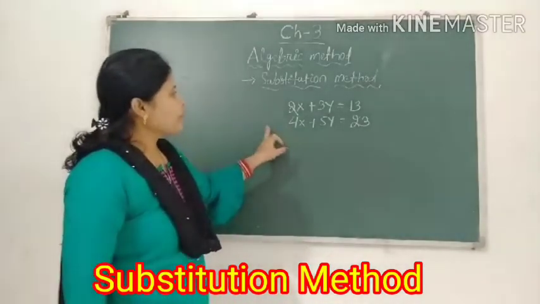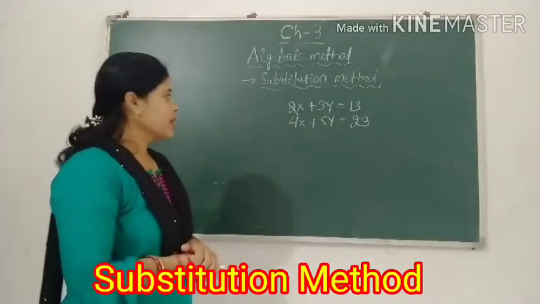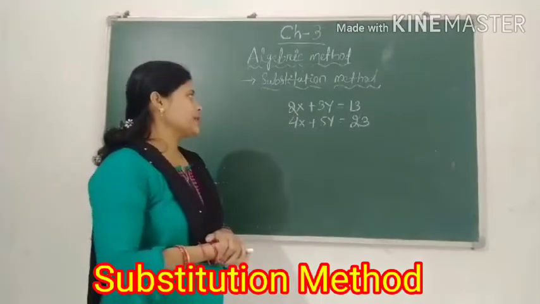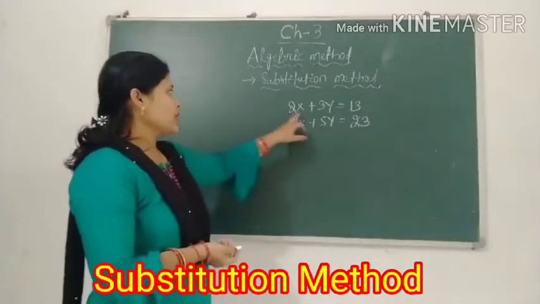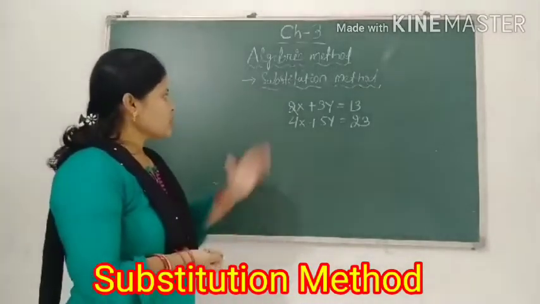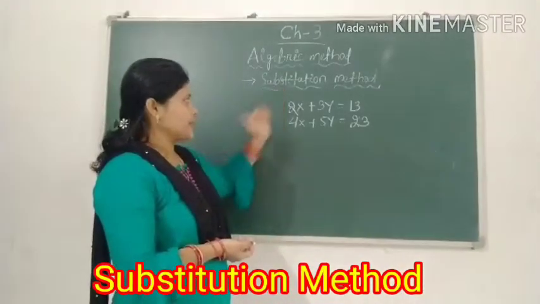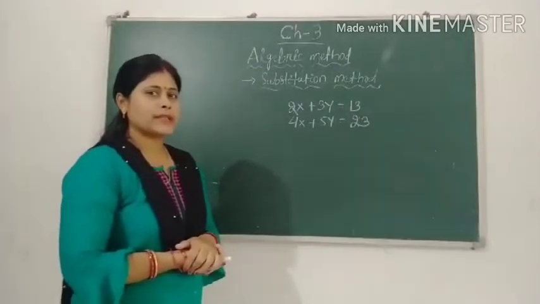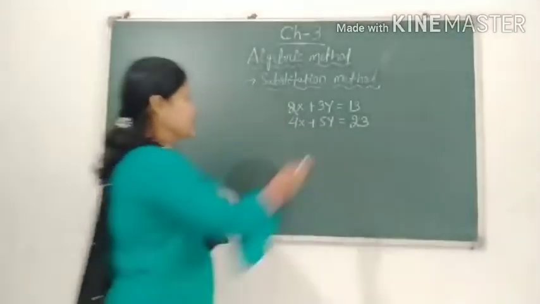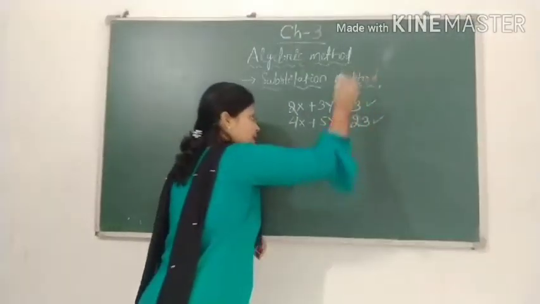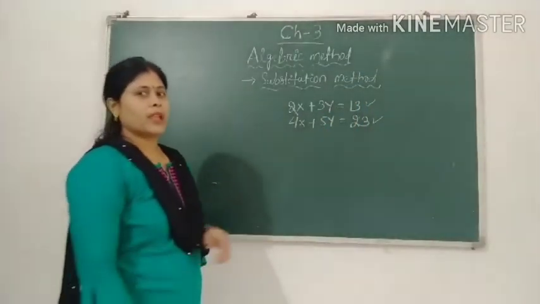Now we are going to solve them. How are we going to solve them? Look at our first equation and second equation. From these two equations, you have to select any one equation. You can select your first equation or your second equation.